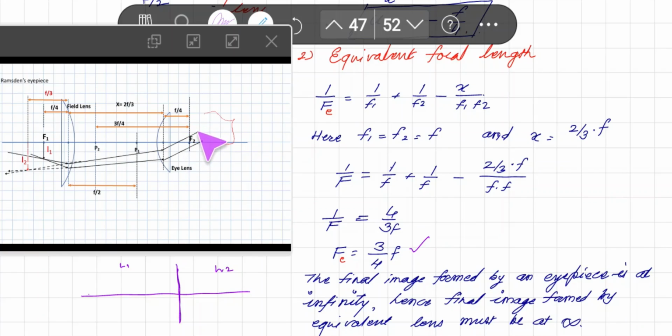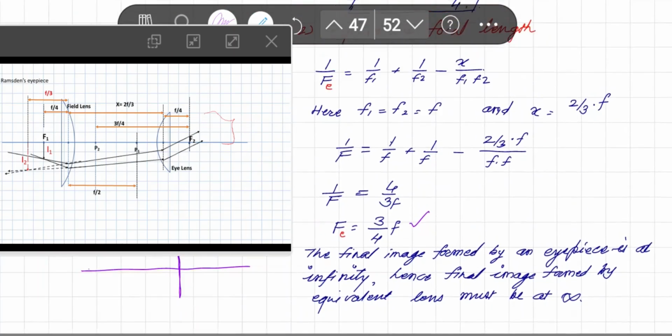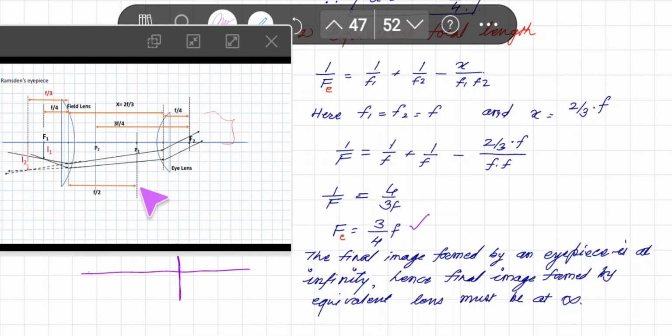So the same must happen in the case of the equivalent lens: the final image formed by the equivalent lens must be at infinity. So we should think about where the object should lie.